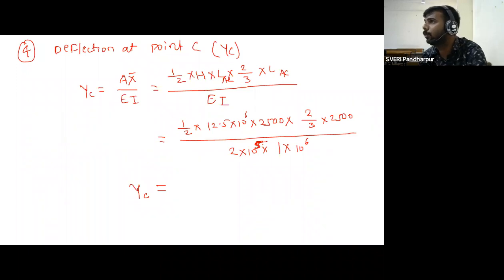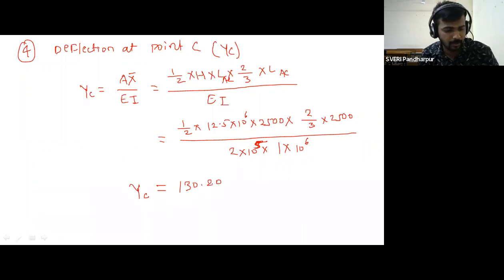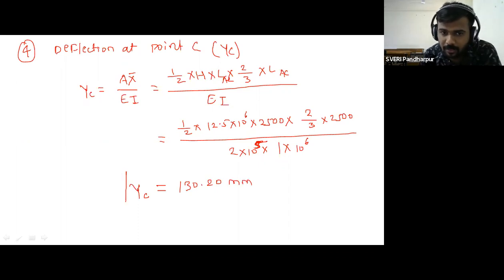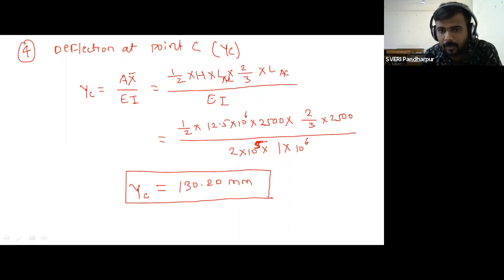E is equal to 2 into 10 raised to 5. Yes, 130.20. So what is your answer? 65.10? No, 130.20 mm. Please check your answer.